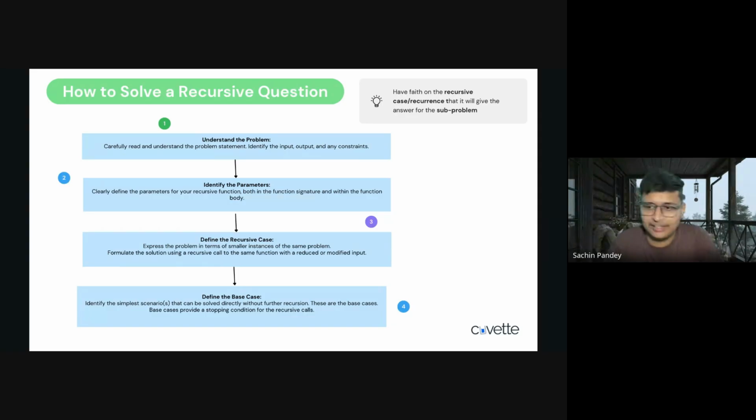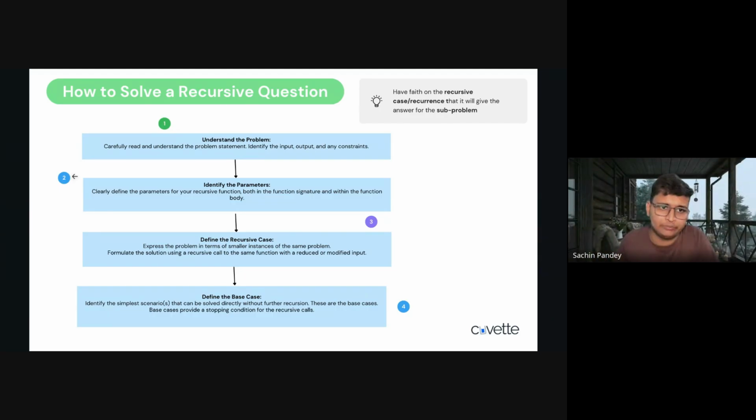Understand the problem, see the inputs, output, whatever it is asking for, and the constraints. What are the constraints? Very important. Then identify the parameters. Very important in recursion, because you have a recursive function, and in a recursive function you have parameters, you have to pass them. So basically, clearly define the parameters, whatever parameters you feel you have to use for the calculation.